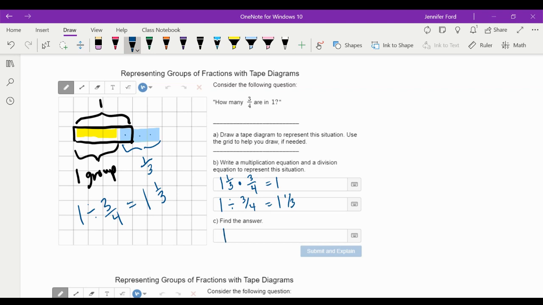And the answer is 1 and 1/3. And now that I think about it, if you are writing equations and you haven't done that part yet, you can represent the unknown value or the answer with a question mark. So there you go. Okay, that's the second one.